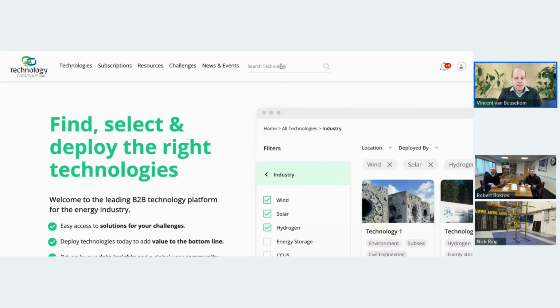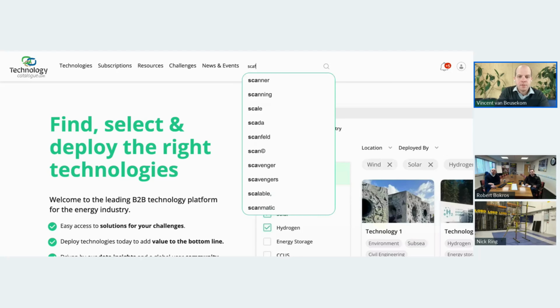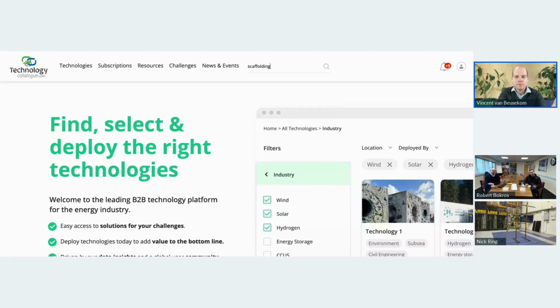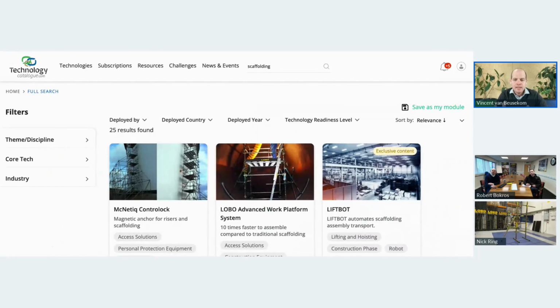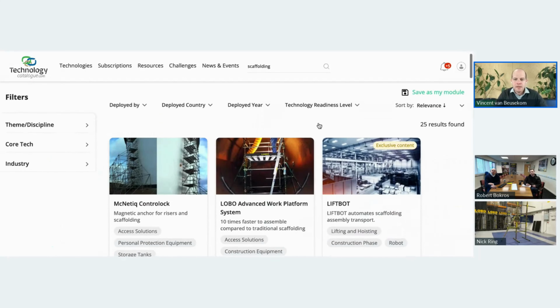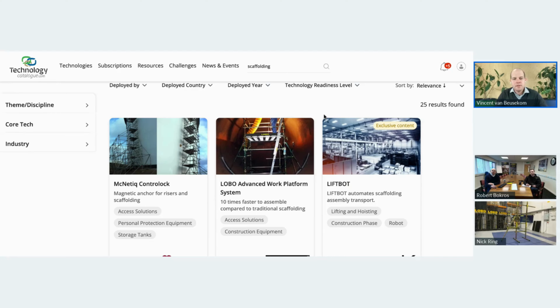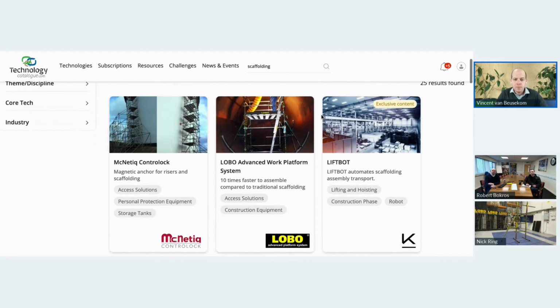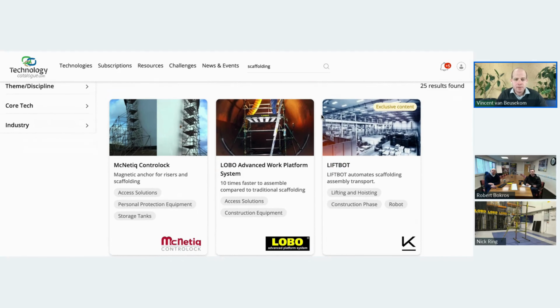We can do that by diving into the platform and searching for scaffolding solutions, which I'm typing here in the search bar, and you'll see I immediately get 25 solutions. One of them at the top, coincidentally, is the solution we will be discussing today: the LOBO Advanced Work Platform.